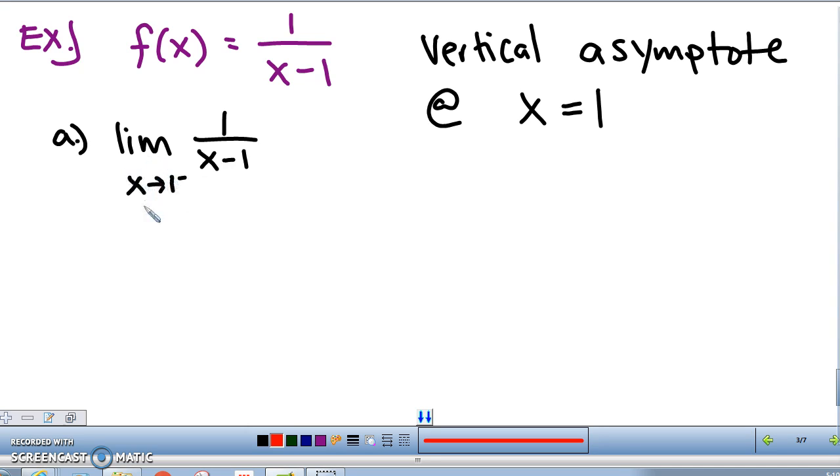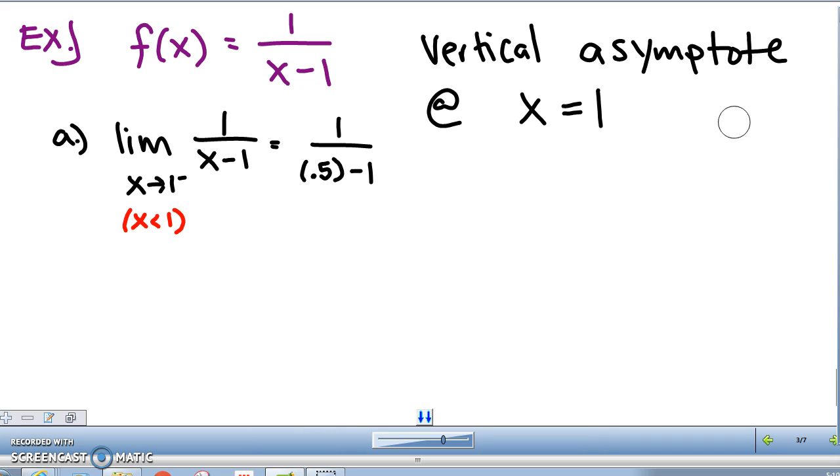Just like in that last example, we want to check values that are less than 1 when we're approaching 1 from the left. So for example, let's try 0.5.